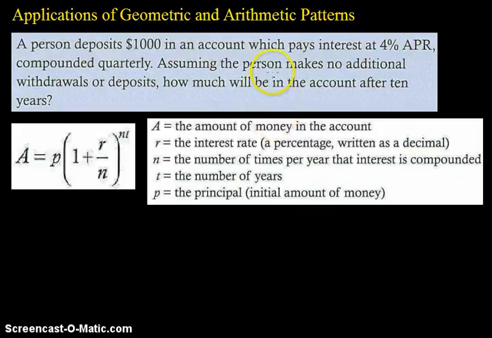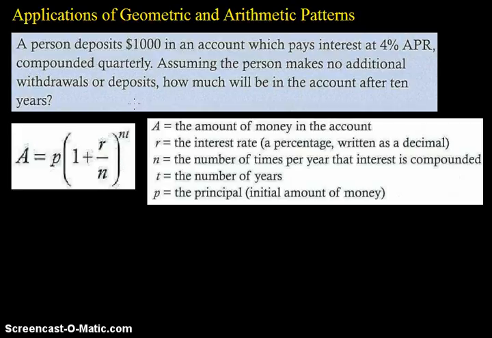I hope you have gone over the question we have here. Some of you might have noticed that we actually came across problems like this in the chapter on exponential and logarithmic functions.